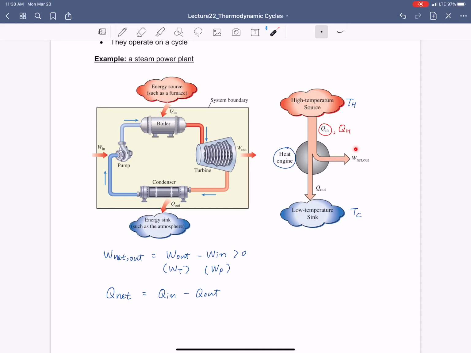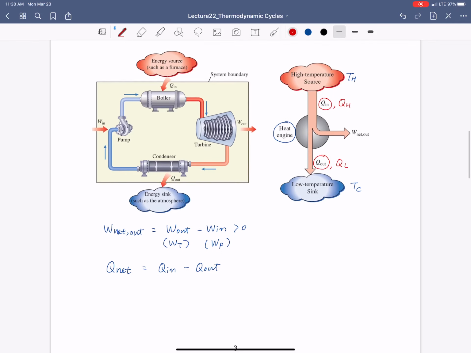That is the sole purpose of having a heat engine cycle, right? And after we generate power, there is still remaining heat, and this remaining heat should be rejected from the heat engine to the heat sink, and that is, again, sometimes I use QL.